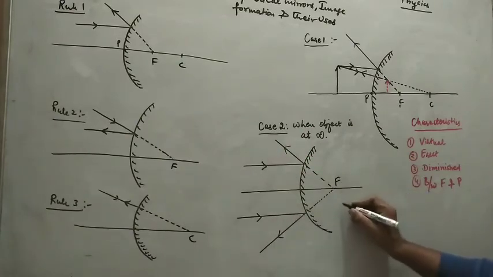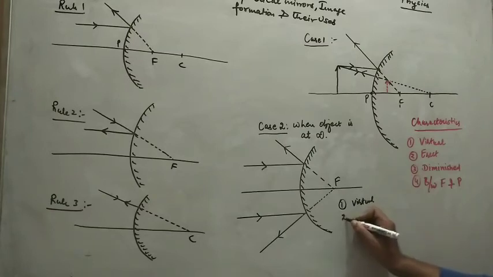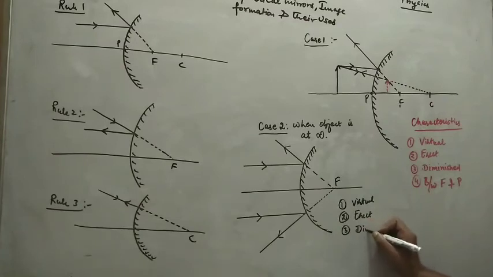Again, the characteristics are virtual. Second, erect. Third one is diminished. And the last one is at focus.